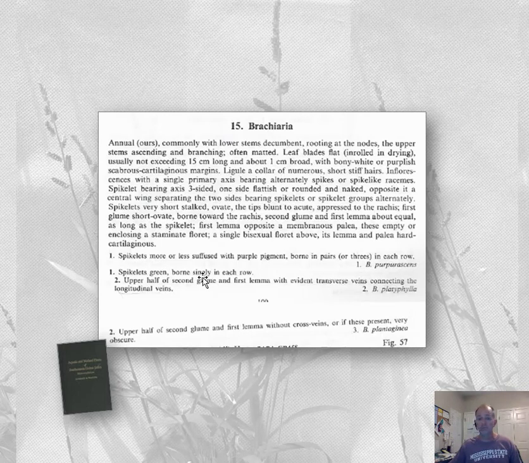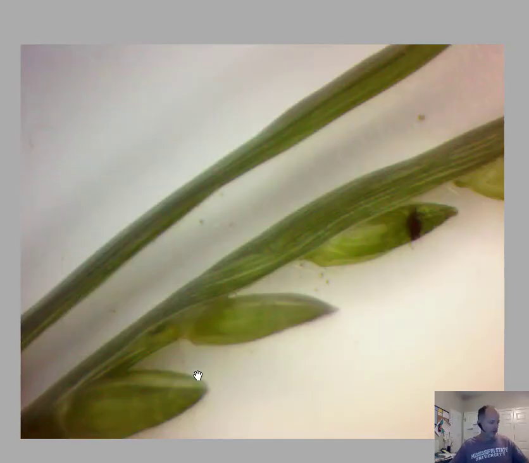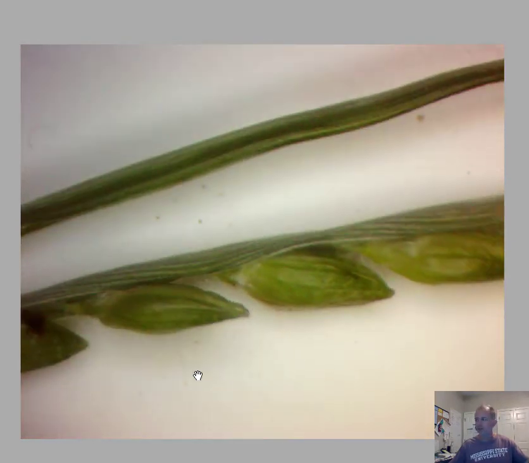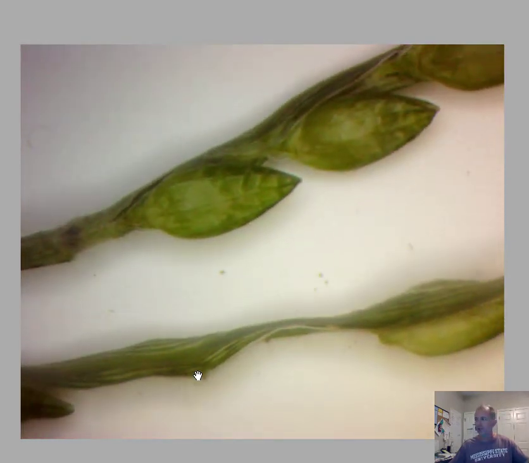So they're green, born singly in each row. Okay, so there's individual spikelets, those by themselves. The upper half of the second gloom and the first lemma with evident transverse veins connecting the longitudinal veins. So you remember when we were looking at that earlier, and I made the mention that they're looking for some really serious wrinkles when they're talking about that rugoseness, and that's not what we have.